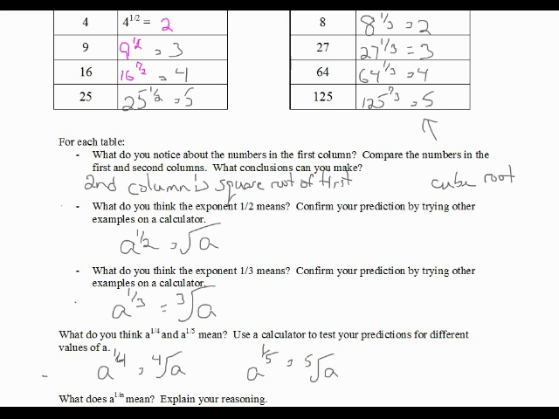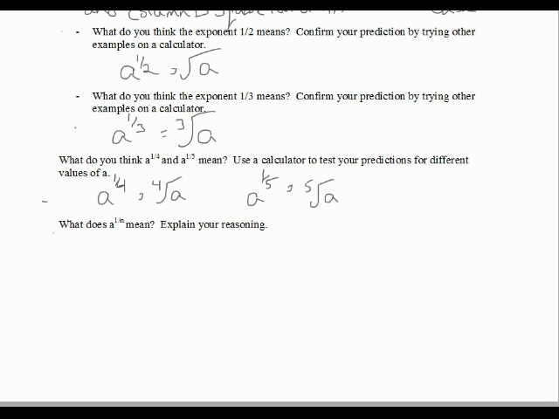So what does a to the 1 over n mean? It means the nth root. So a to the 1 over n is the nth root of a.